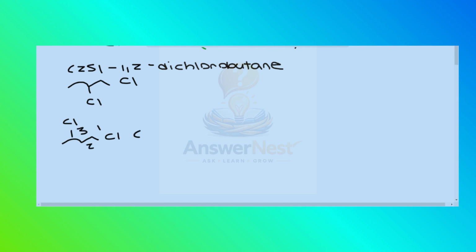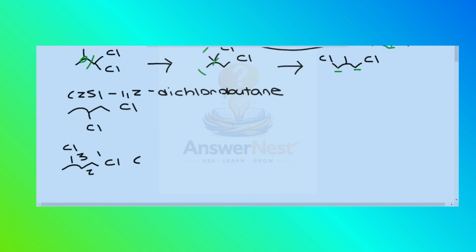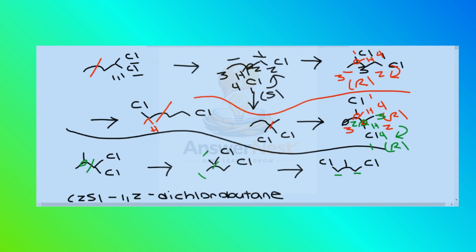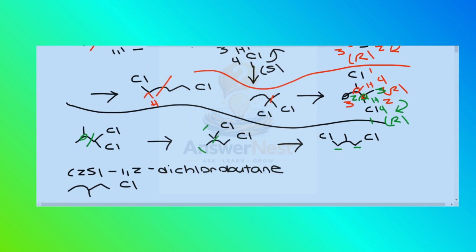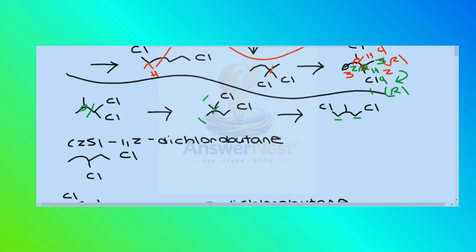And therefore it's going to be 3R, 1,3-dichlorobutane. And you could also write the enantiomer too, which would be the opposite configuration if it were in the back in both cases.